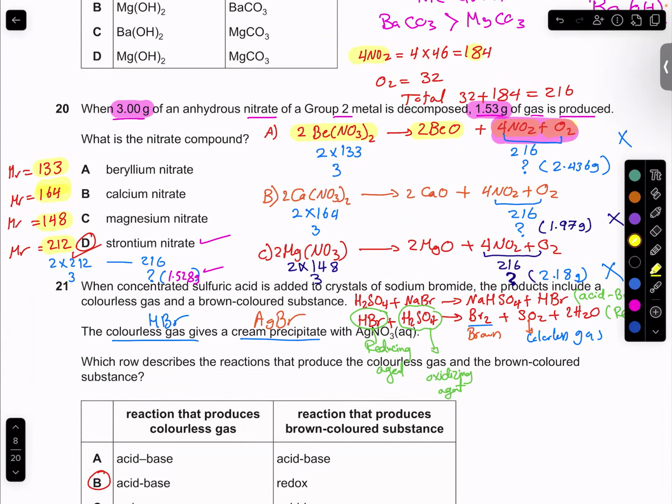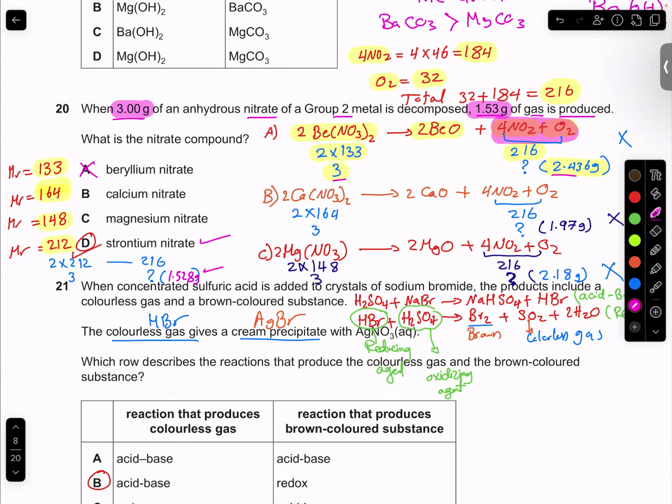For NO2, the total mass is 184, and for O2 it is 32, so the total mass of the gases produced is 216. If we put beryllium nitrate, 2 times 133 produces 216 of the gases. So 3 grams produces, if you calculate it, 2.43 grams. So this is not the correct answer because the relation is wrong.